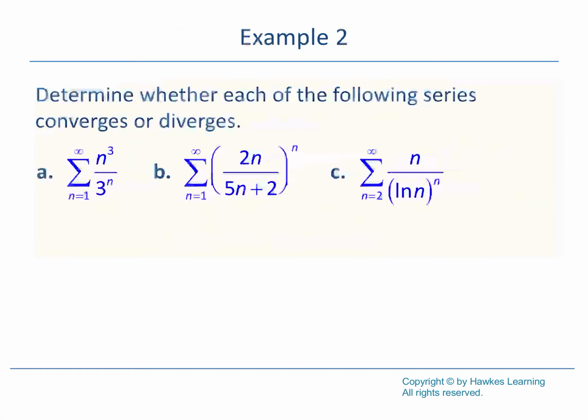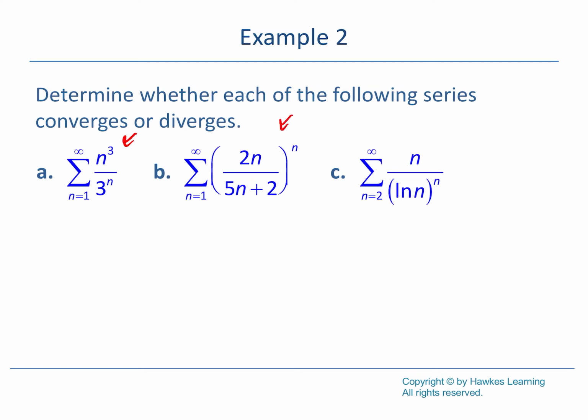All right, we're going to take a look at some examples of new types of series that we're now able to determine whether they converge or diverge. And for part A, this one looks really similar to one that we just looked at for the ratio test. So yes, you could use the ratio test on that one.